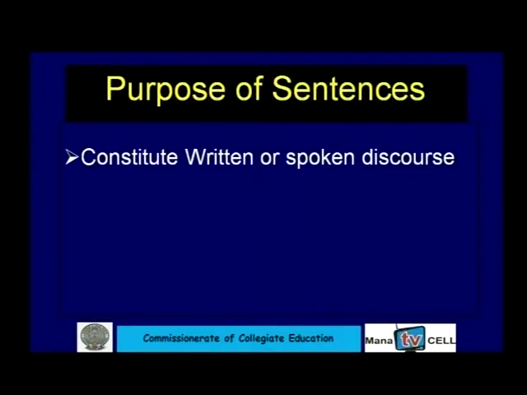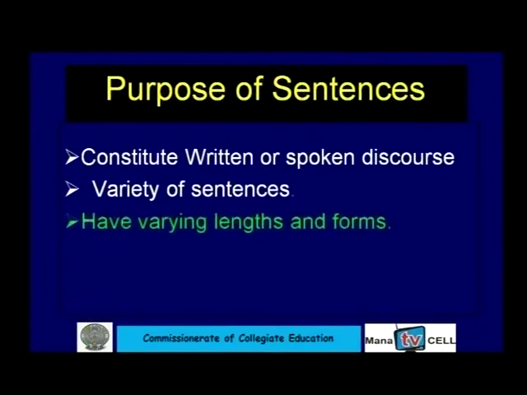And what is the purpose of sentences? Sentences constitute our written or spoken discourse. Every discourse contains a variety of sentences. This variety gives variety to the discourse.